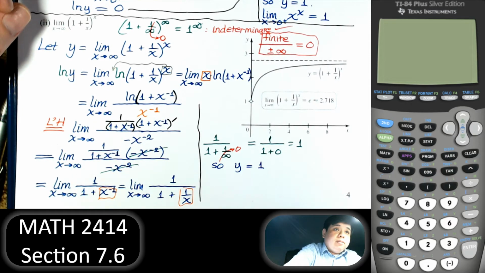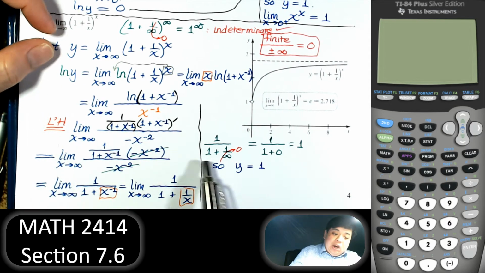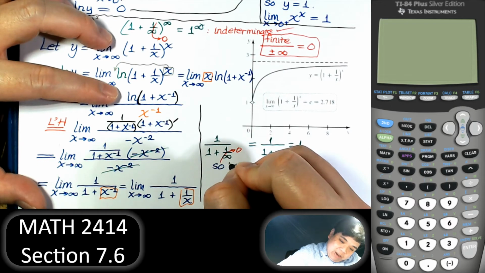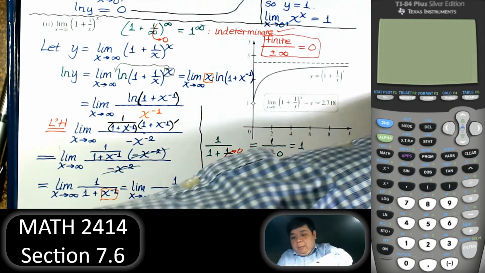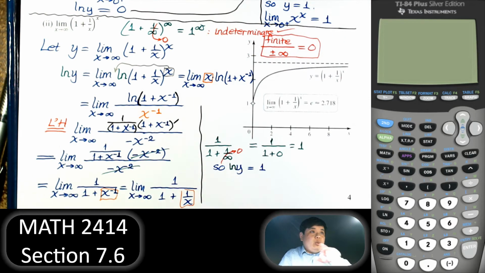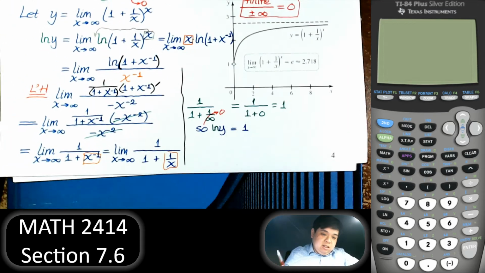Right? Of course not. What we have here is ln of y, not y. So ln of y, don't forget that. There's ln. So ln of y is equal to 1. Now to get rid of the ln, we raise both sides to the e power like we did earlier.